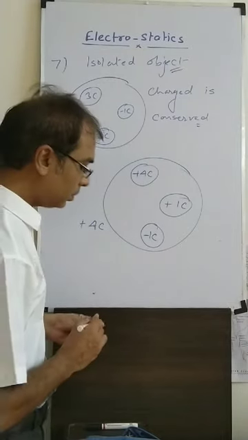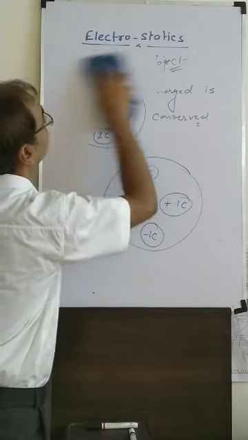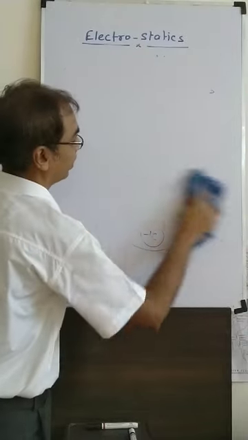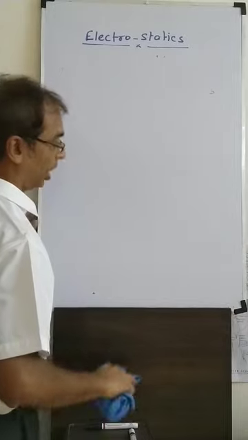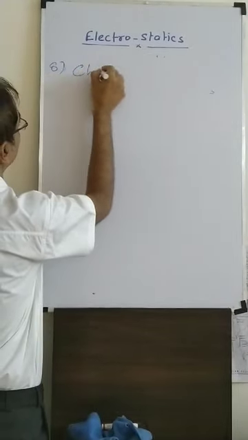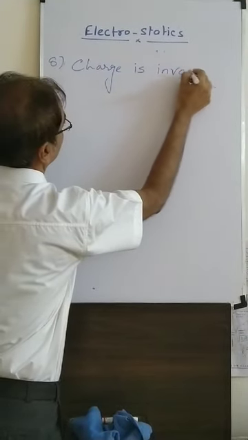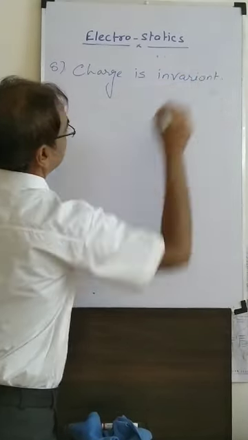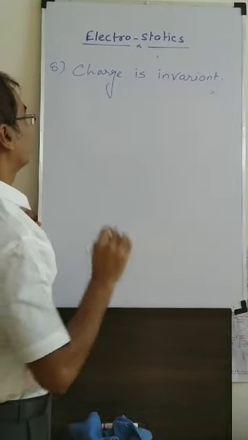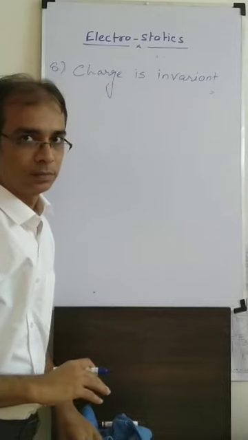Okay, let's see the next property then. The next property is called the invariance property. It says charge is invariant. What is the meaning of that? Its meaning is when the charge is going to move with a speed comparable to the speed of light.